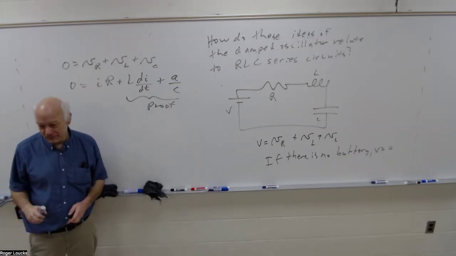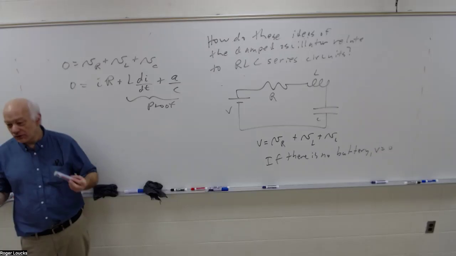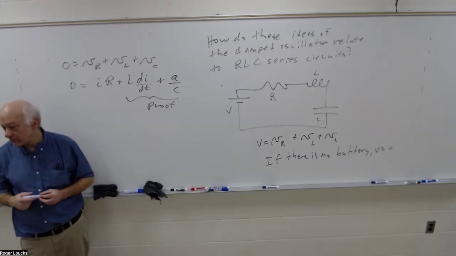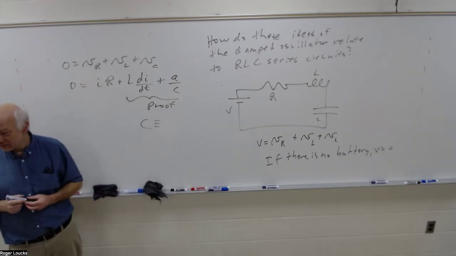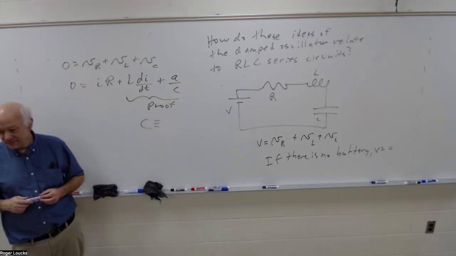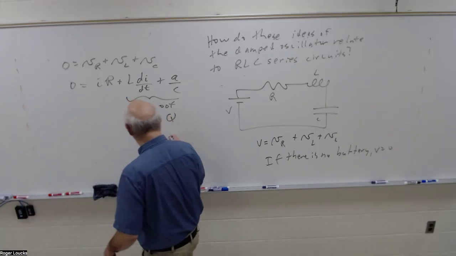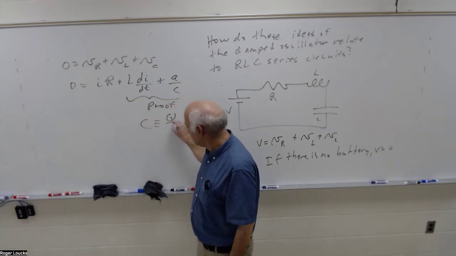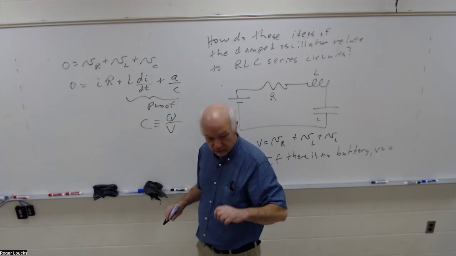Let's start with this one here. That's the easiest one. What is the fundamental definition of capacitance? C is by definition the charge on the capacitor, q, over the voltage across the capacitor.